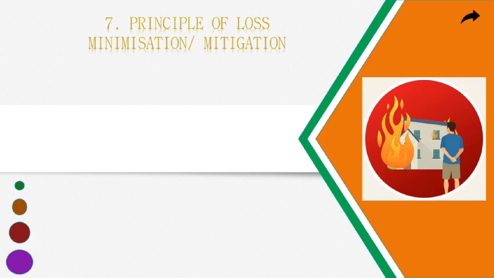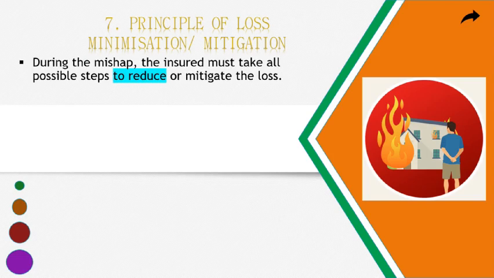Now the last principle, the seventh one, the principle of loss minimization, otherwise the principle of mitigation. This principle says that during the mishap, the insured must take all possible steps that he can take to reduce or mitigate the loss.